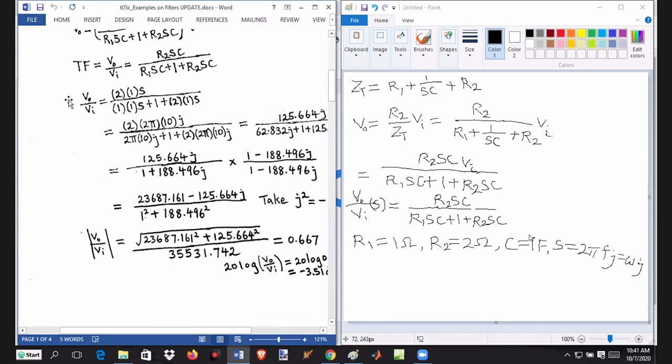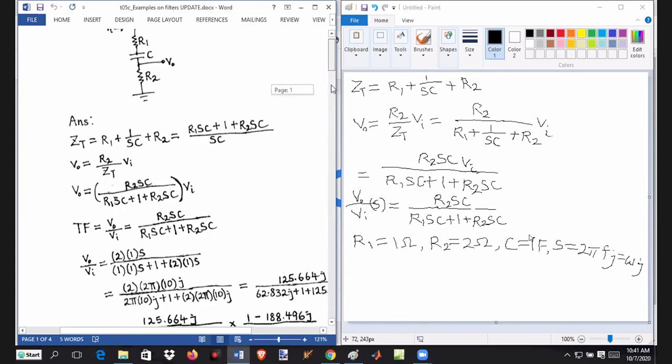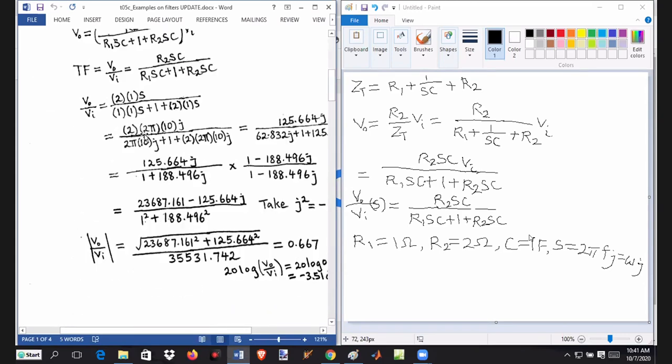You got VO over VI equal to 1S, and then you got this 2 pi 10 J. Frequency is 10, that's why the 10 comes out. So I also give you the frequency, F equal to 10 hertz.